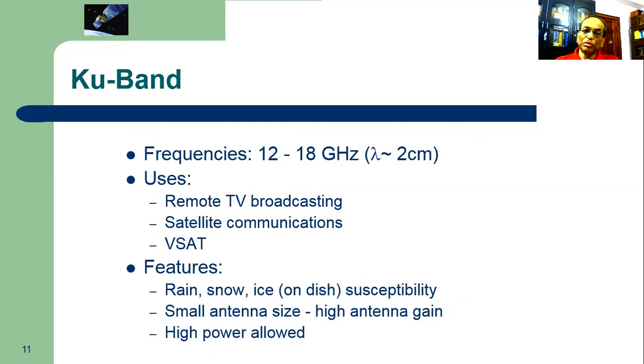Ku band frequencies 12 to 18 gigahertz, lambda 2 centimeter. The uses of this frequency band are remote TV broadcasting, satellite communication, VSAT applications.